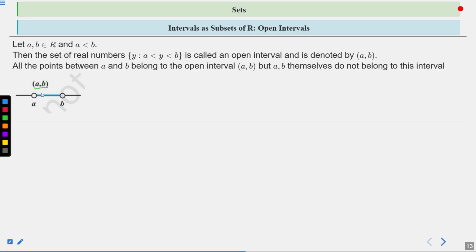The interval AB is simply the collection of all real numbers in between A and B. And these two open circles suggest that we are excluding A and B from our open interval set. And this blue line indicates that we are collecting all numbers in between A and B.